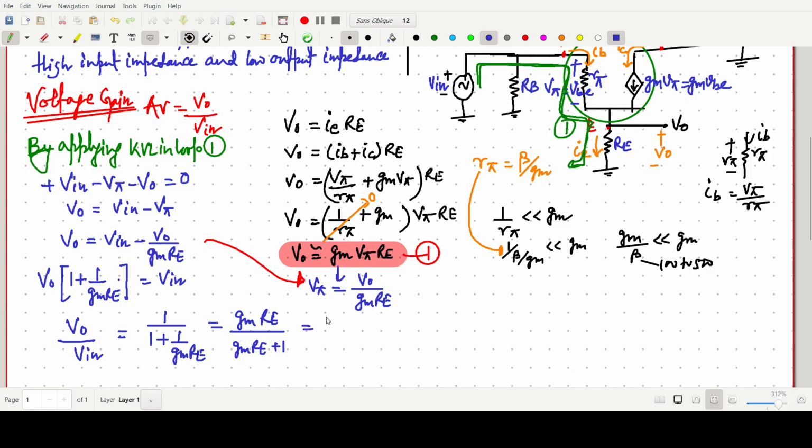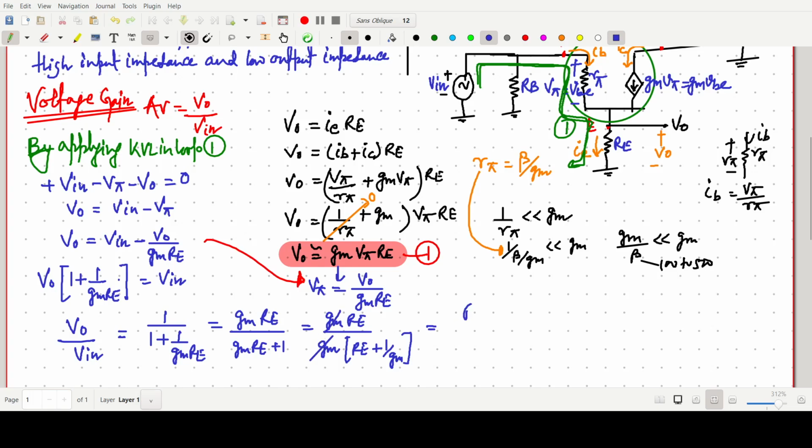Or one can do it like this: gm RE I am writing here, and also we can take gm common here, so RE plus 1 by gm. If I take gm common, it should be RE plus 1 by gm, so this cancels out.